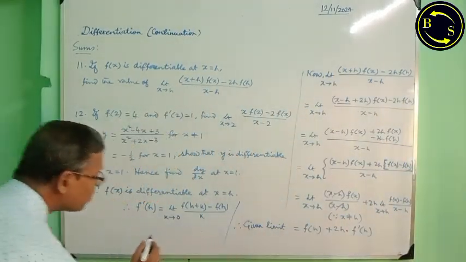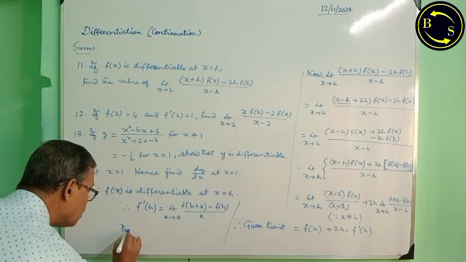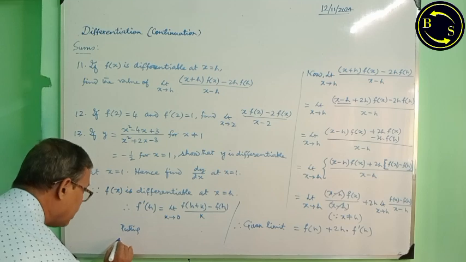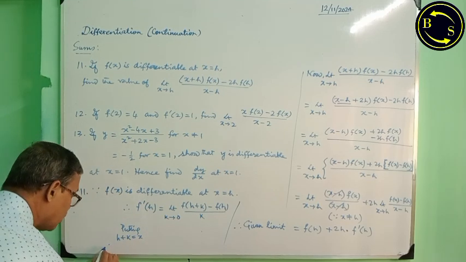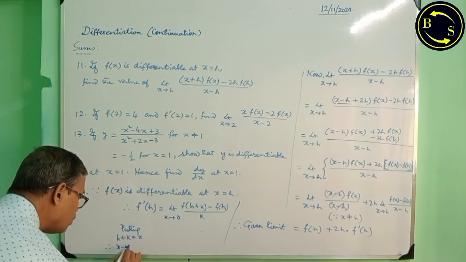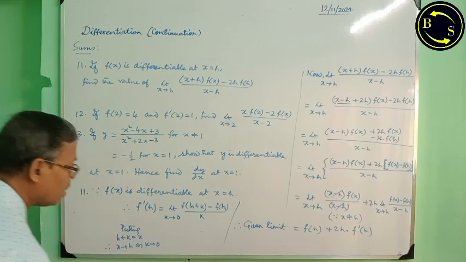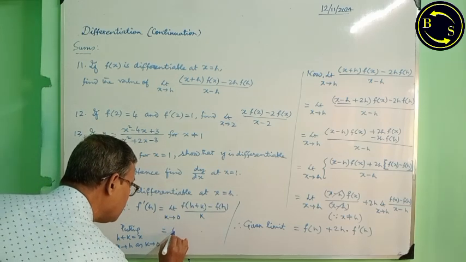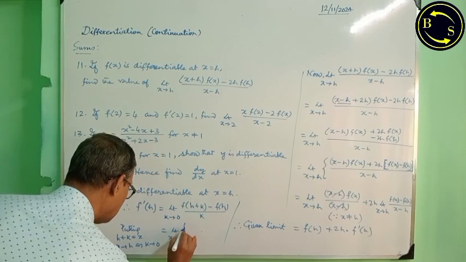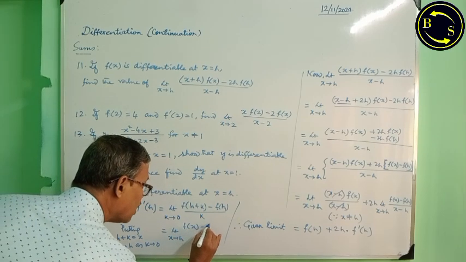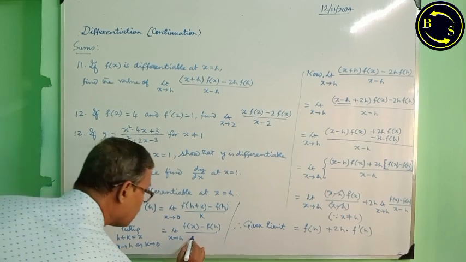Let me deduce that one, putting h plus k equal to x, therefore x tends to h as k tends to 0. That means you get the form limit x tends to h f(x) minus f(h), that is by k equal to x minus h.